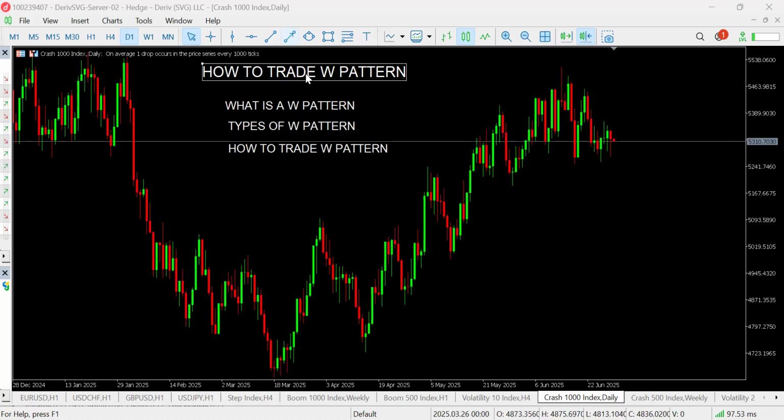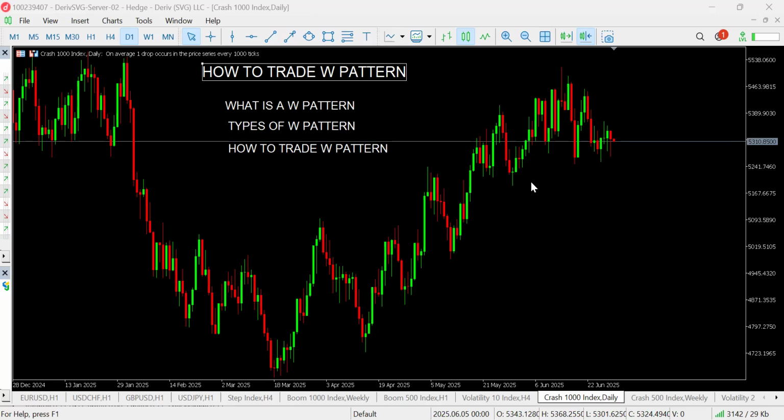So very quickly, what is a W pattern? W patterns are patterns formed by price on the price charts, usually at the end of a down trending market or as a continuation of an up trending market. In other words, W patterns tend to signify the beginning of a bullish trend or the continuation of a bullish trend.